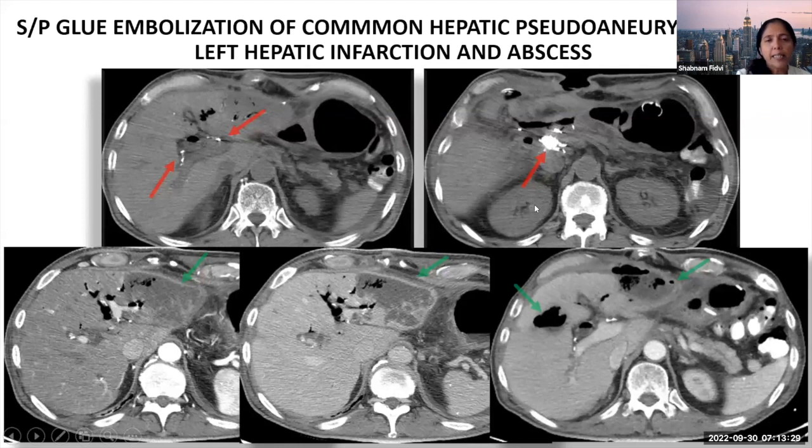And unfortunately, this patient, because of compromise of the arterial supply, ended up with a left hepatic lobe infarction. This is shown by the green arrows on the arterial and portal venous phases, and he eventually developed abscesses both within the left and right hepatic lobe.